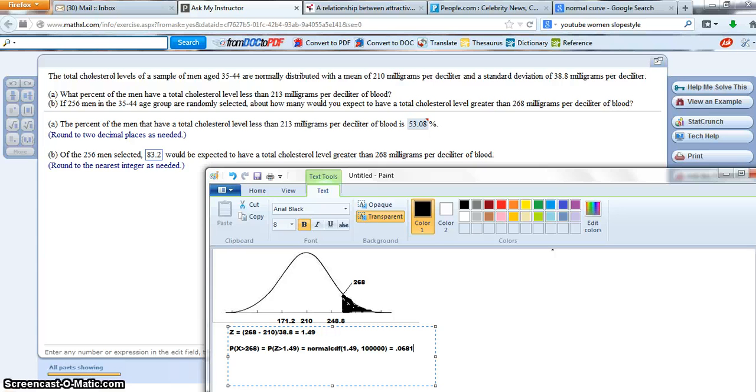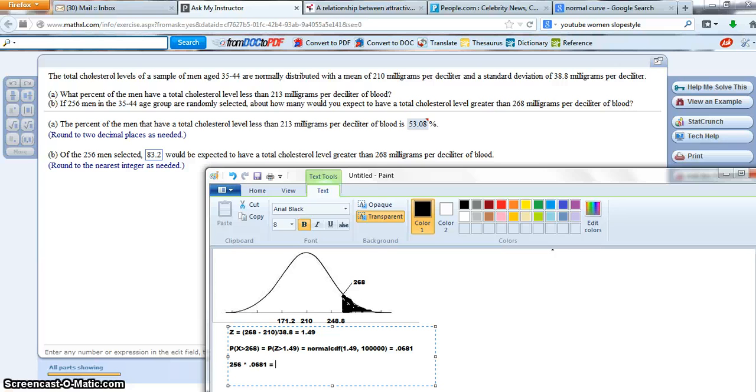And I know that's the proportion of the 256 men that I expect to have total cholesterol levels greater than 268. So I need to take the total number of men, 256, multiply that by the proportion of them that I expect to be above 268, 0.0681.